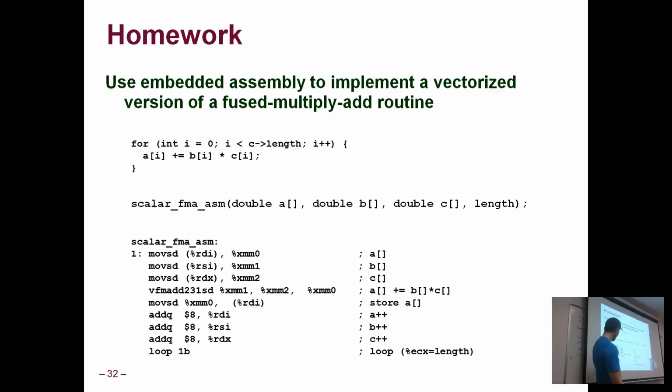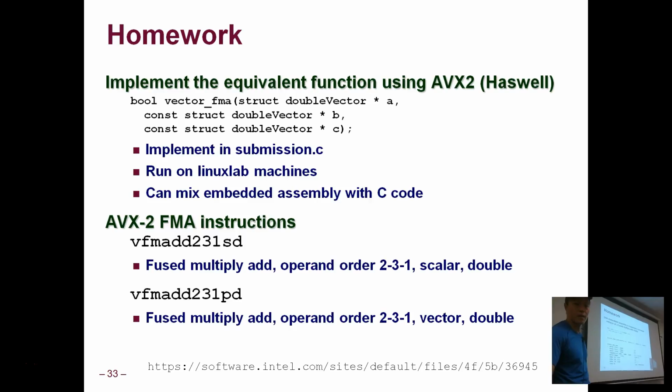It's using information about that length as part of the loop instruction. You don't necessarily have to use this construct. You could use your for loops, compares, and conditional jumps.